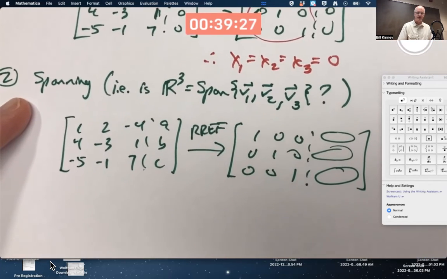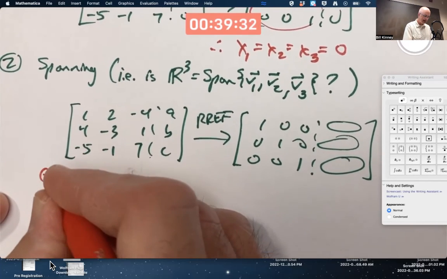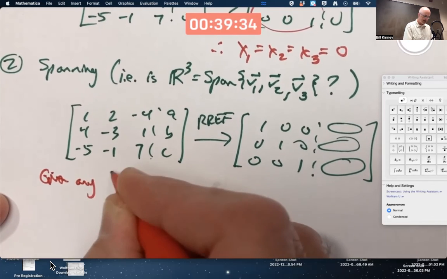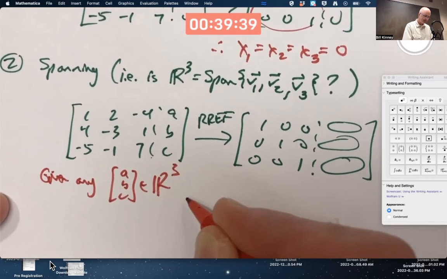And that's enough to prove spanning, because what you've really done there is you've really given any vector A, B, C in 3-dimensional space.